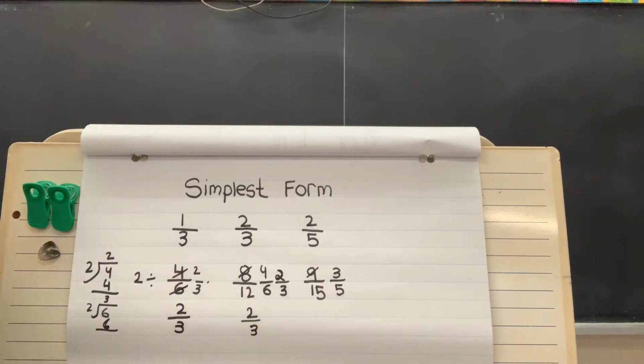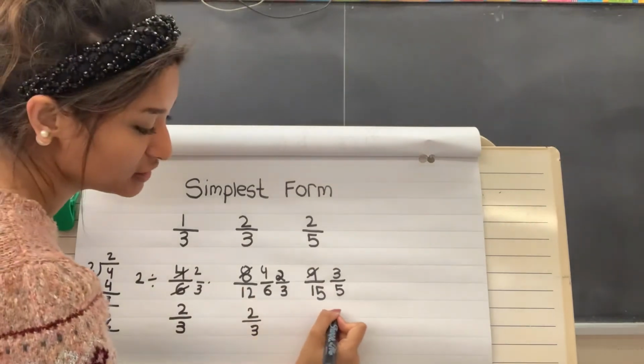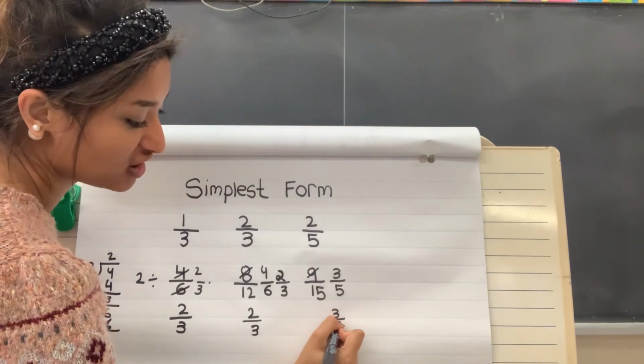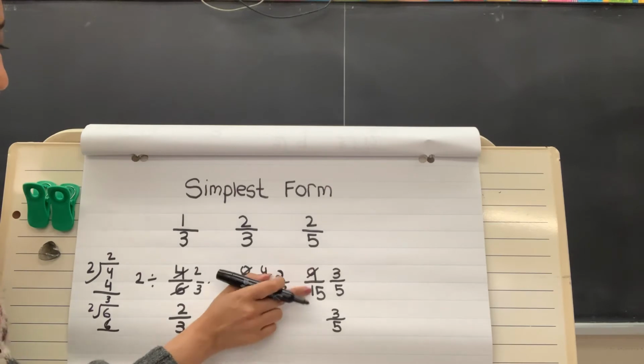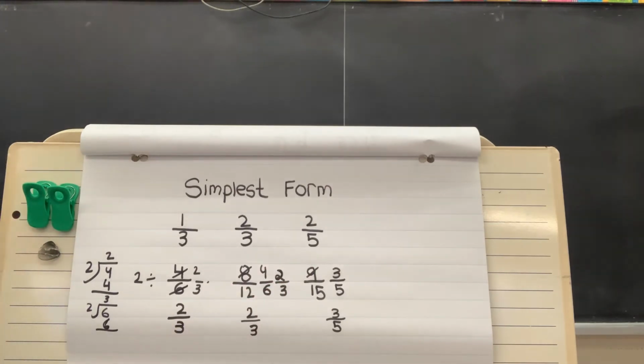Now, can I break this down anymore? I can't break this down anymore. Okay, so 3 over 5 is my simplest form of 9 over 15.